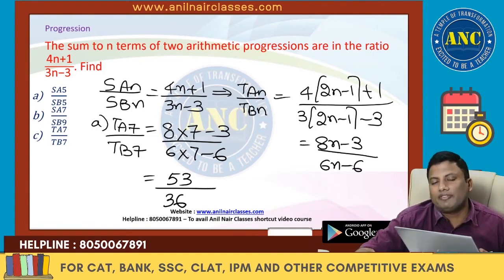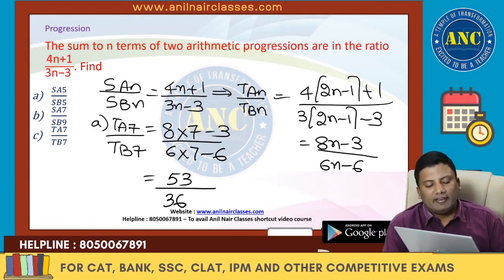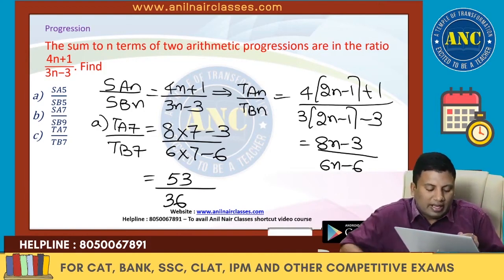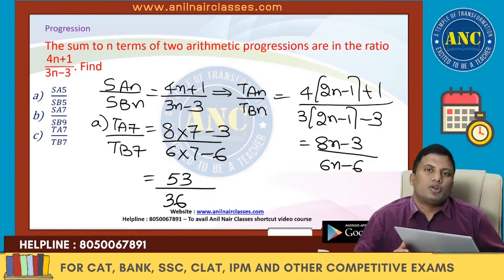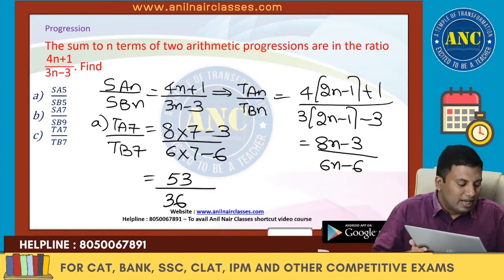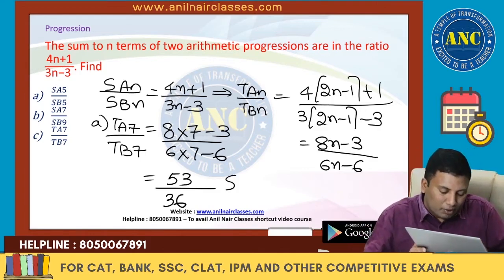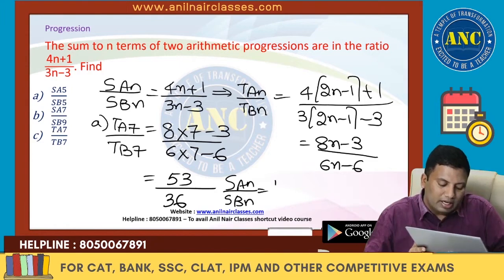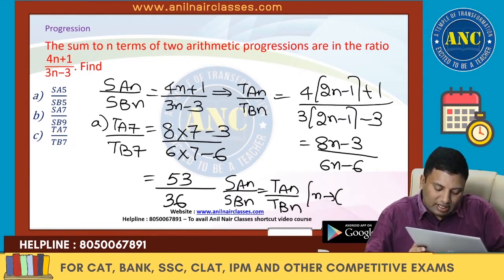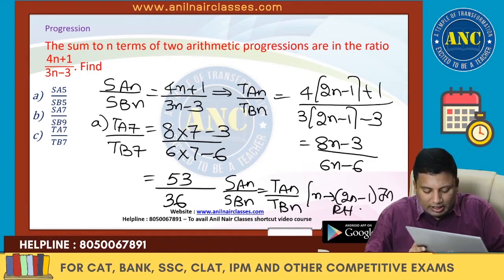Directly, without finding the values of A1, D1, A2, D2, you will get the answer. A 2 minute question can be solved in 10 seconds if you know the approach. What is the approach? SAn by SBn, the sum of n terms ratio, becomes the nth term ratio if n is replaced by 2n minus 1 in the right hand side.